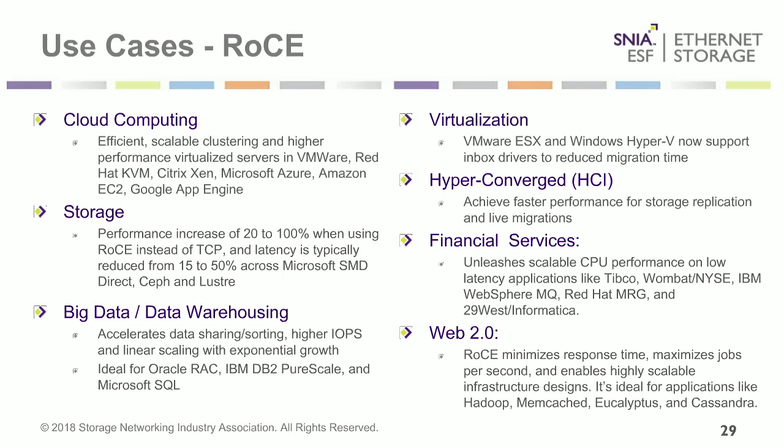And if you look at some of these use cases here, cloud computing, we talked about a lot of the large Web 2.0 companies today that are currently using ROCE in very large deployments. These are using a DCB lossless Ethernet environment to make sure that they get the highest performance out of the ROCE implementations.